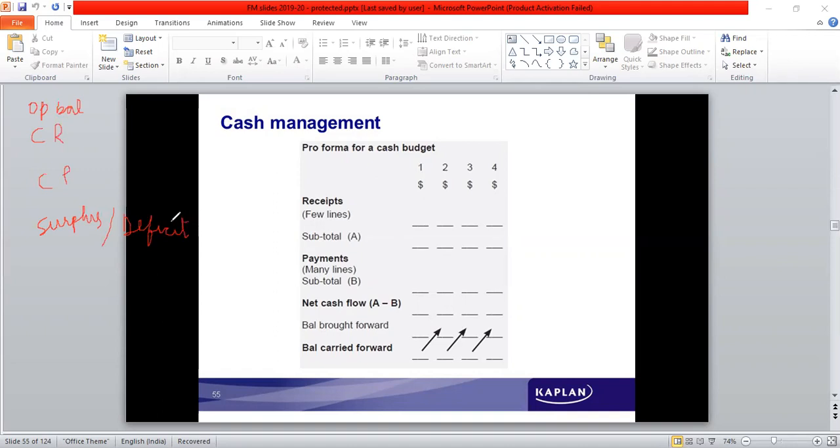So the opening balance is already there. Surplus or deficit is the difference between the cash receipts minus cash payments. Then we also have the opening balance. So when opening balance is added to surplus or deficit, opening balance plus surplus or deficit talks about the closing balance.